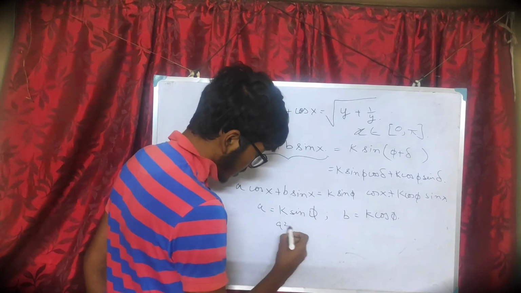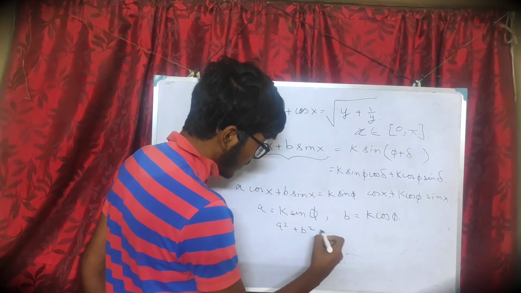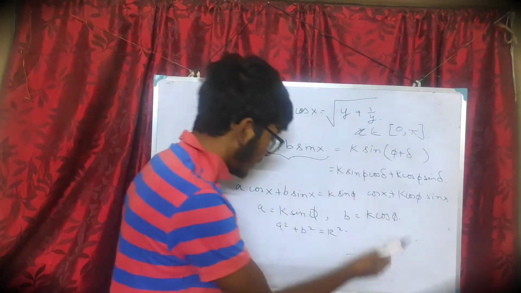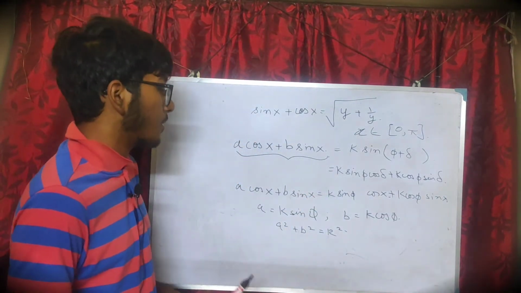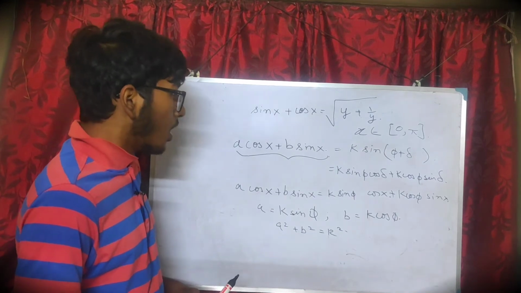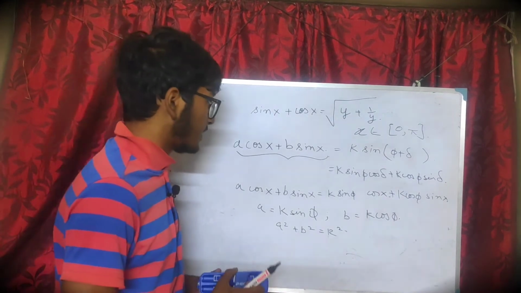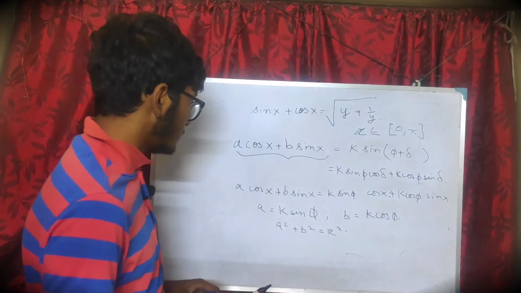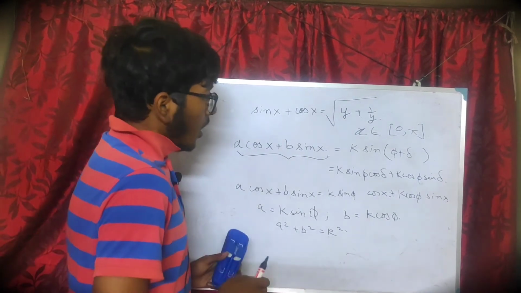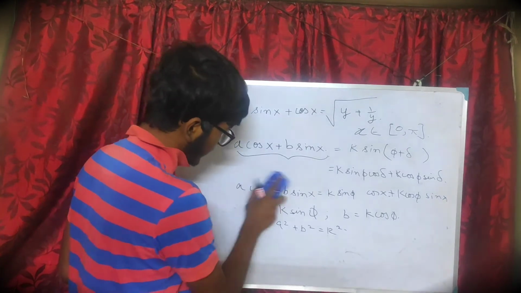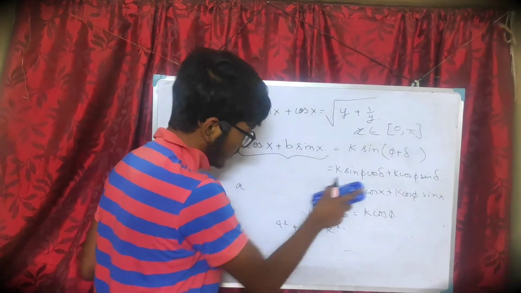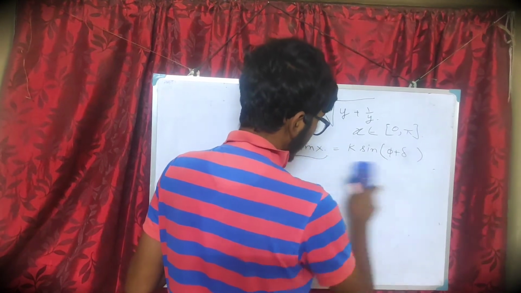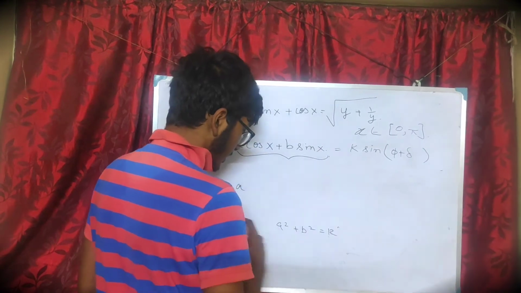Also a square plus b square equals k square, because sin square phi plus cos square phi is equal to 1, right? So what's next? Okay, so we have got this, and k would be essentially this thing.